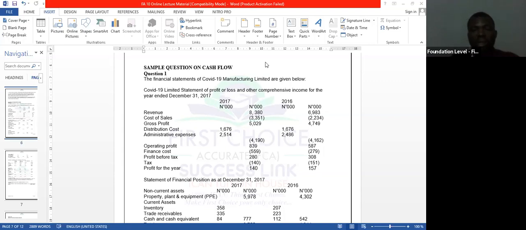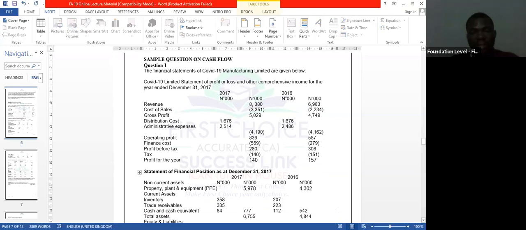The second one they give us is the statement of financial position, for 2017 as well. The statement of financial position includes the current assets and the non-current assets.